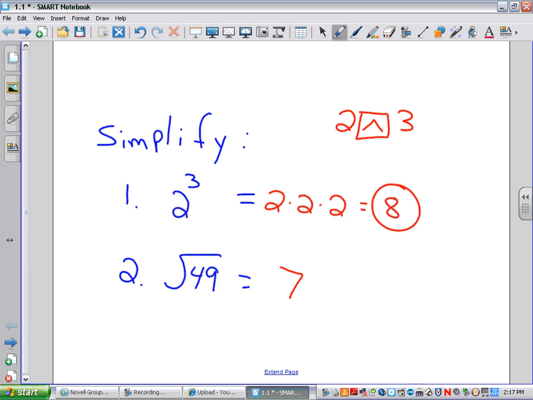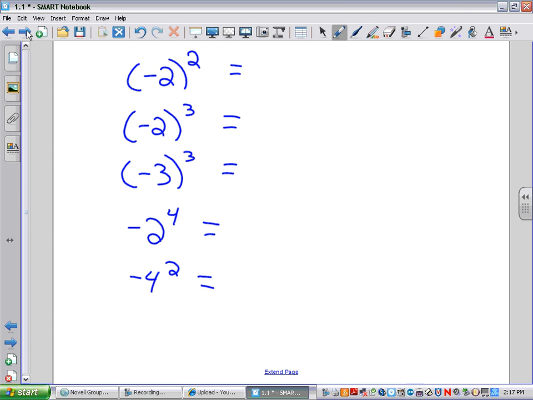Go to the next slide. Some exponents. Notice the first 3 problems have parentheses, but the bottom 2 do not. You need to notice the difference. Let's work these out. -2 squared means -2 times -2.